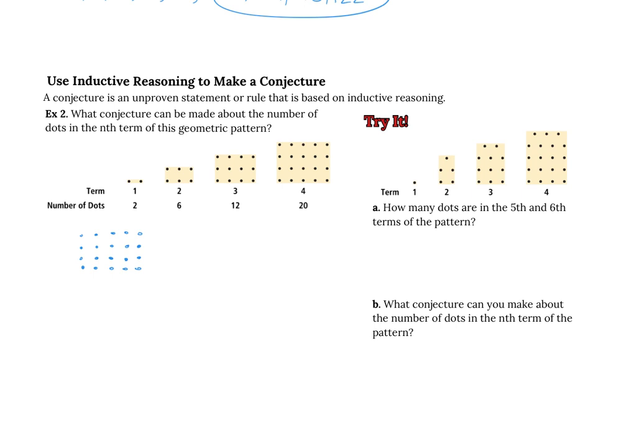Depending on how many rows, that is our n value. There are n rows. And then for each row, we add 1 to get the number of columns. So n plus 1 gets us our columns.